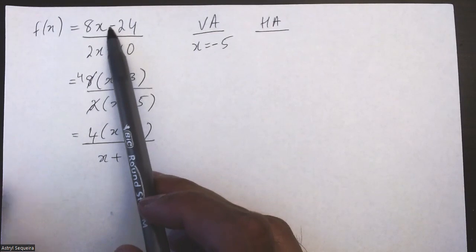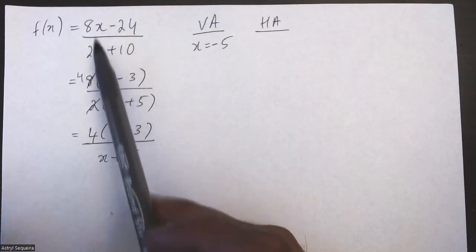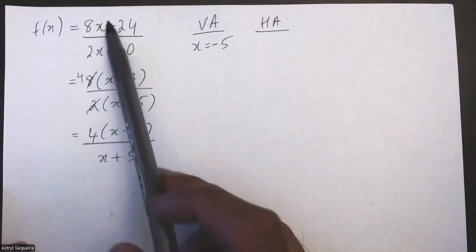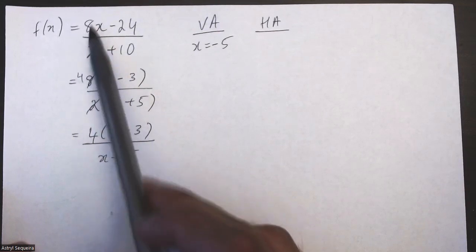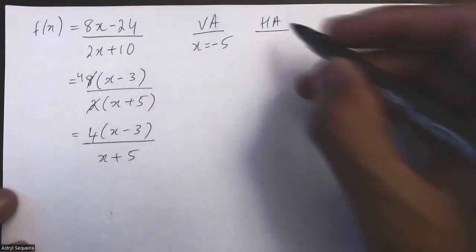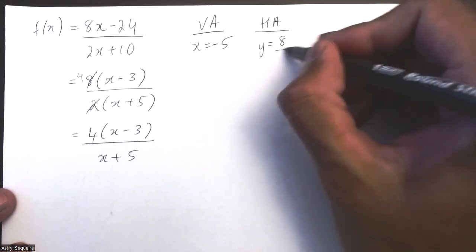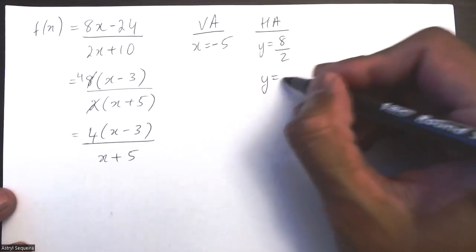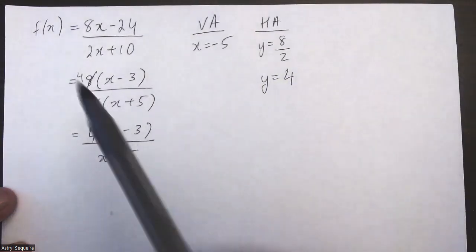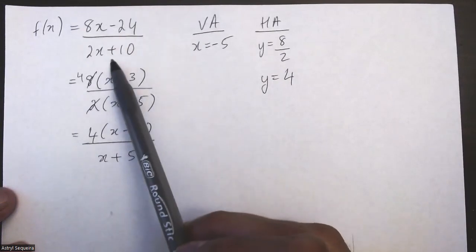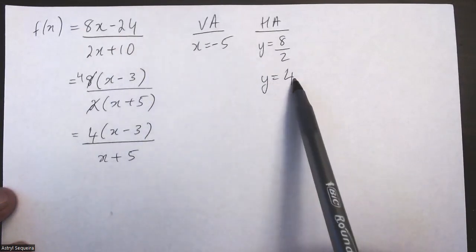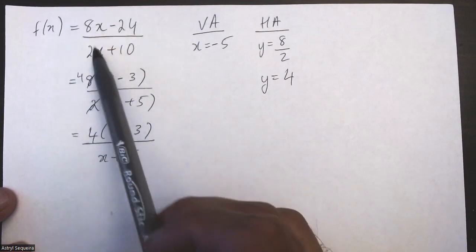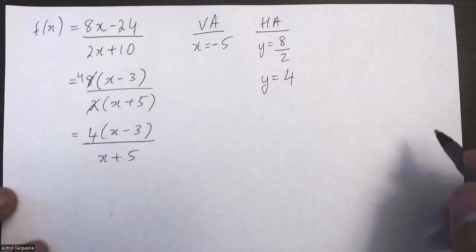If the degree on the top is the same as the degree on the bottom, which in this case, they're both linear equations, we want to divide the coefficients. So my horizontal asymptote is 8 divided by 2, which is 4. Just remember, if the degree on the top is less than the bottom, it's y equals 0. If the degrees are the same, we divide coefficients.